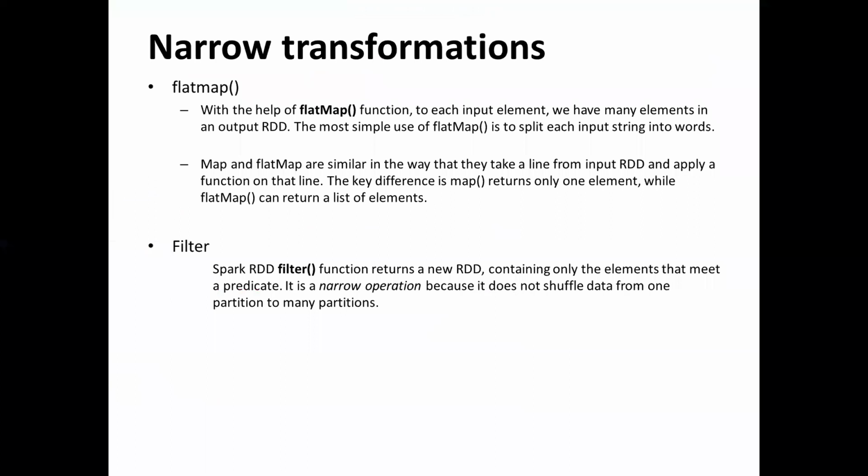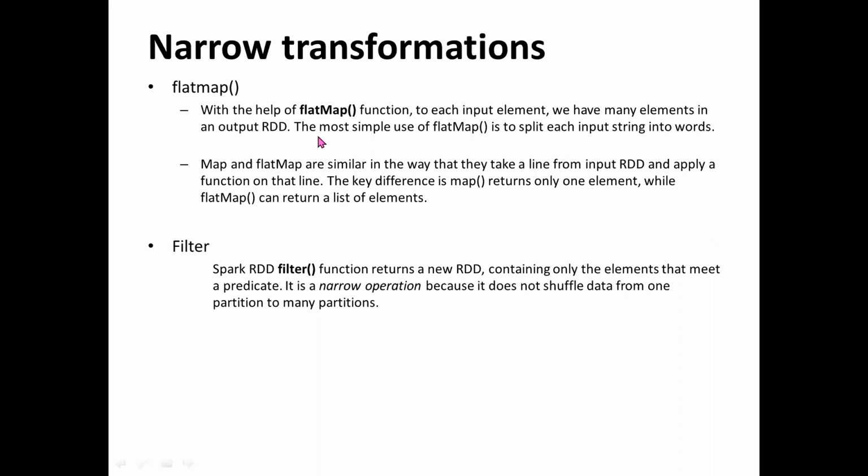Flat map is not a new concept. If you are from Java or C++, it's very much available. It basically flattens the structure. For example, in an array I have 1, 2, 3, 4. All will be flattened and it will give you rows. As simple as that.